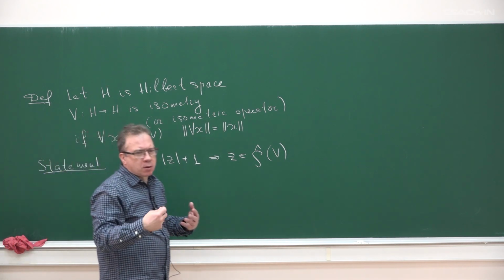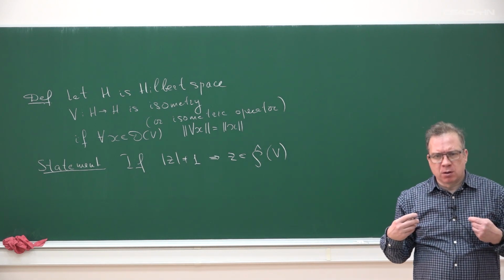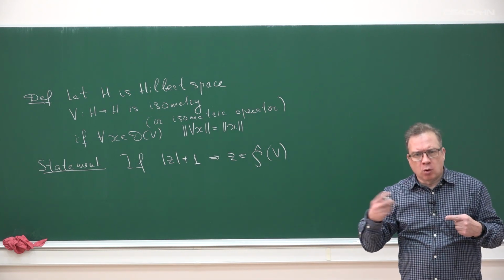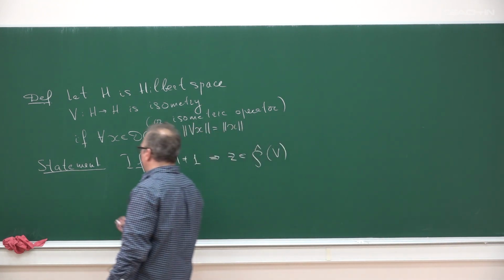It's almost the resolvent set. We have an inverse operator, but it is not defined on all of H, only on the image of the operator, on the range of the operator. So how do we show the proof?